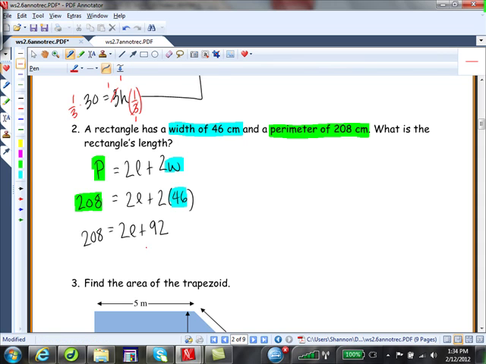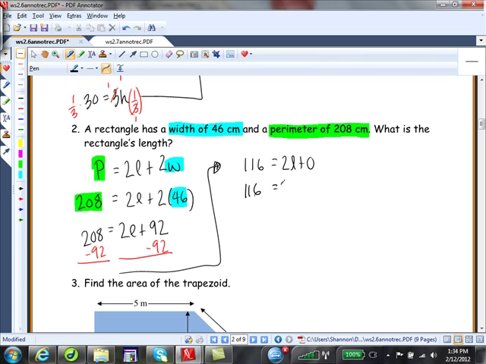Now we want to subtract 92 from both sides so we can isolate the L. So we will end up with 116 is equal to 2L plus 0, so 116 is 2L.